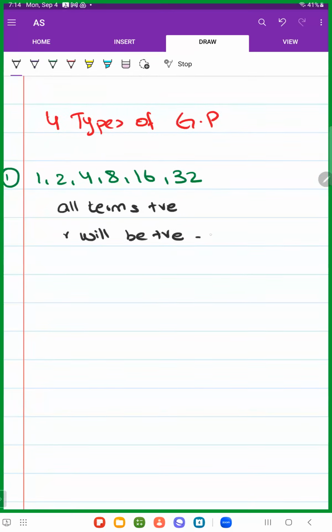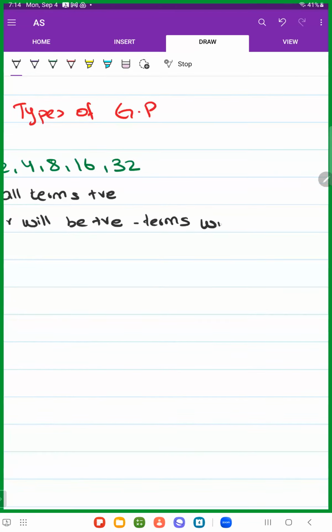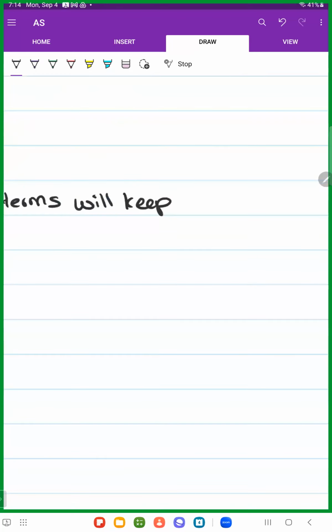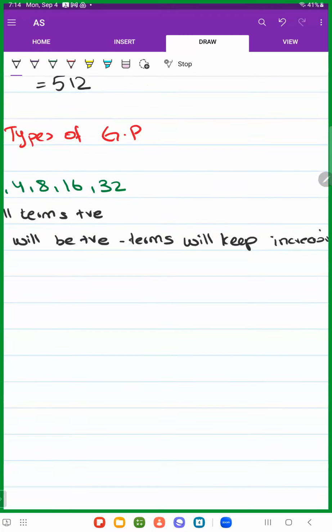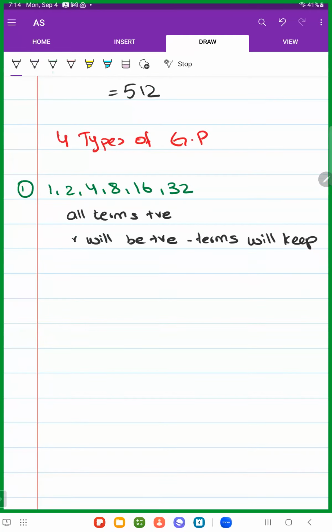Because the common ratio is positive and the terms are also positive, 2 conditions are being fulfilled, so the numbers will keep on increasing. Let's call these condition A and condition B.